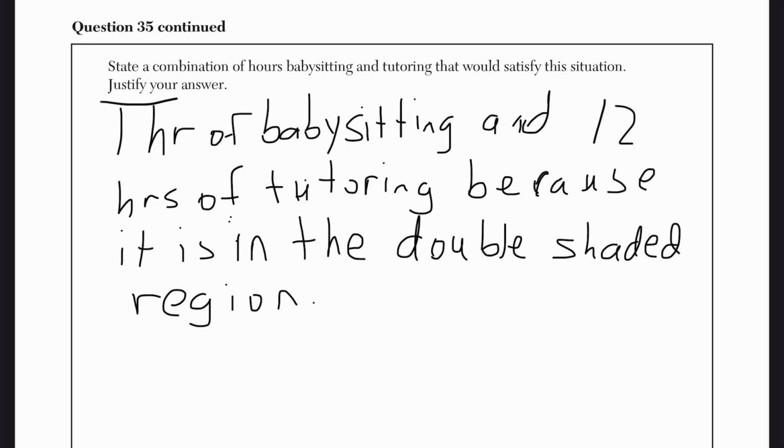You could also do it algebraically too. You could do 1 times her babysitting rate plus 12 times her tutoring rate and make sure it's at least her money goal, and then obviously add the 1 plus 12 and make sure it's under her time goal.